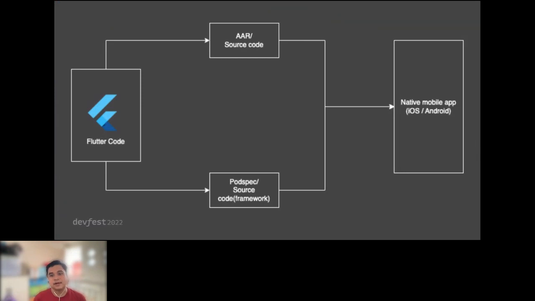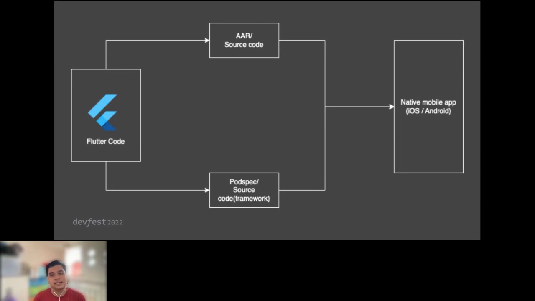So before we dive deep into how we could integrate a Flutter app into our existing app, I'm going to show you this diagram, which is basically the general overview of how we could integrate our Flutter app into our existing mobile app. If you are targeting Android, you will need to build your Flutter app into an AAR. Actually, there are two approaches: either you use the AAR approach or you use a source code approach.